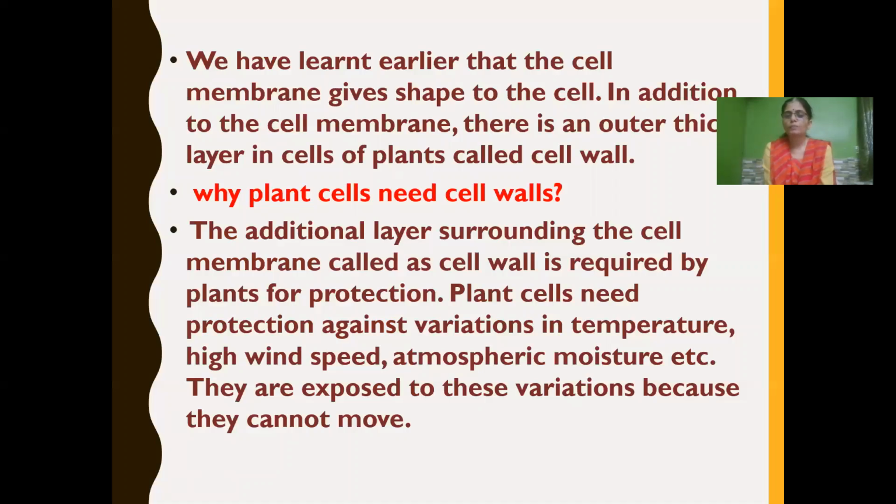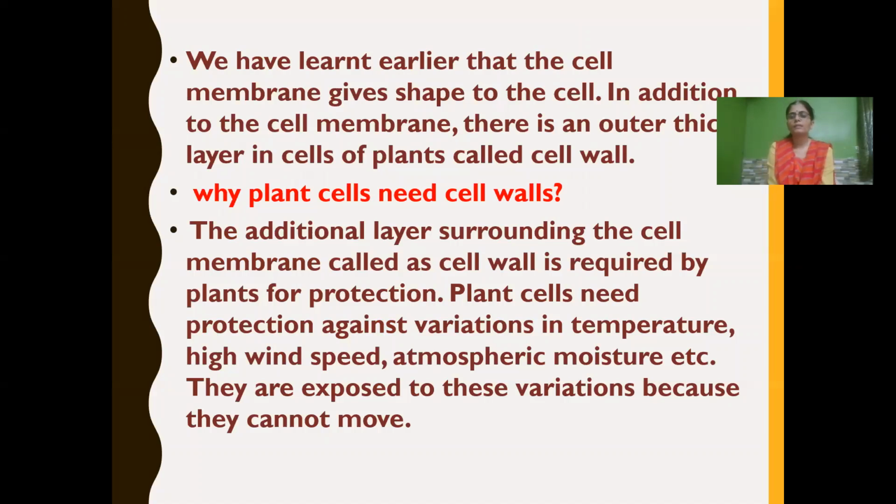They are exposed to these variations because they cannot move. But as animals, if suddenly rain comes, we can move out from that place, isn't it? So all the climatic changes we can overcome by our movement. But as plants cannot move, they have to protect themselves against variations like temperature, high wind speed, atmospheric moisture, etc. So for this, they have a cell wall around the cell membrane.